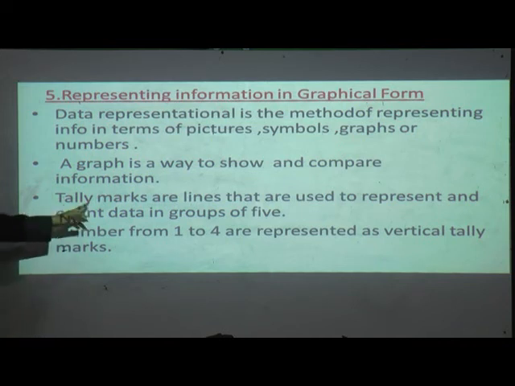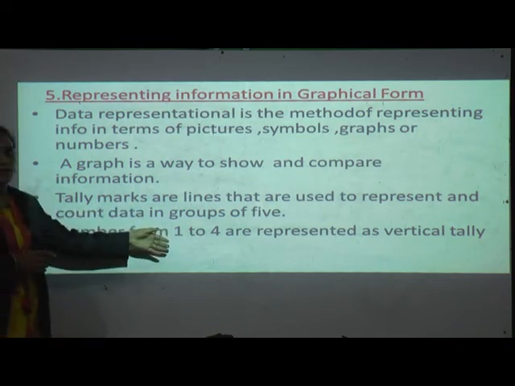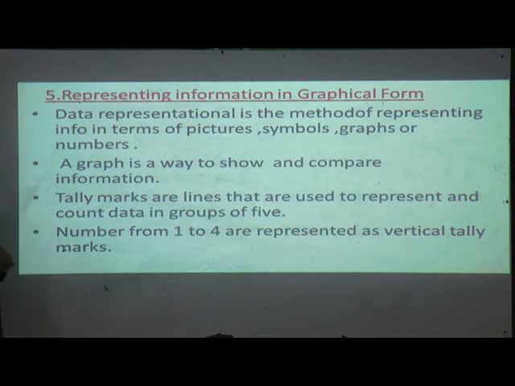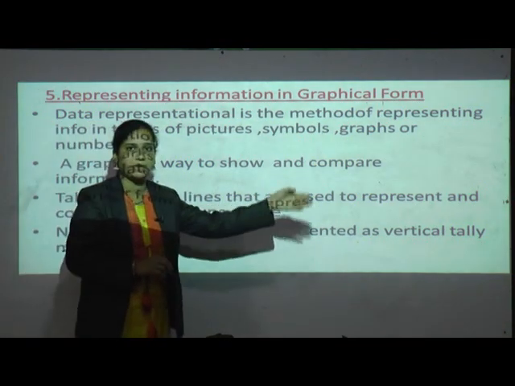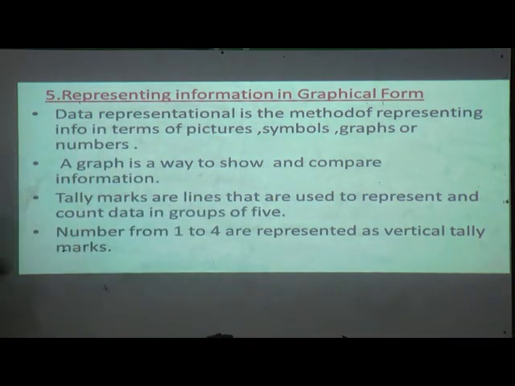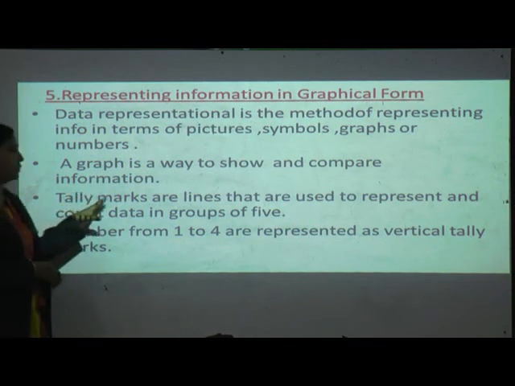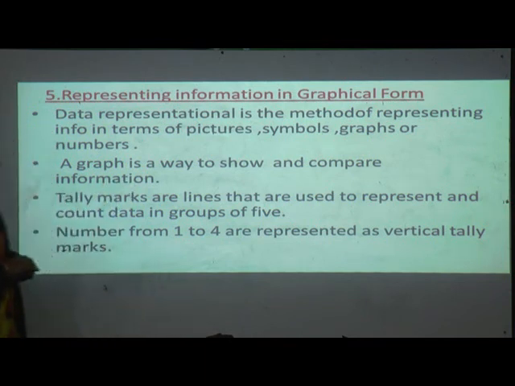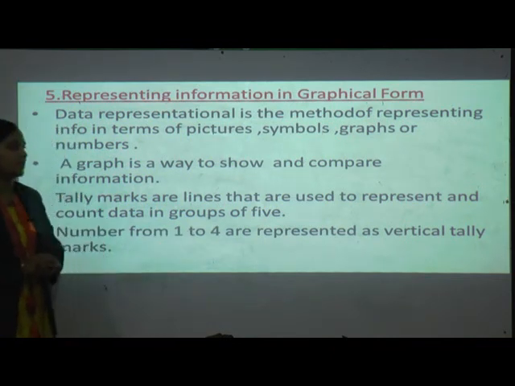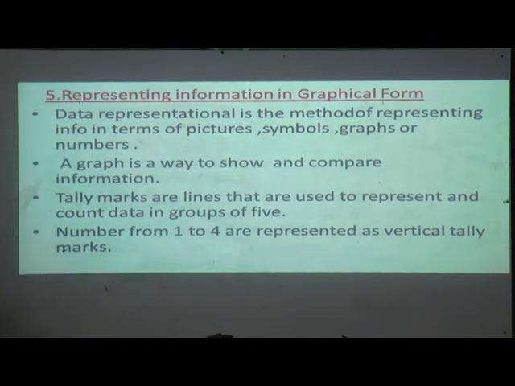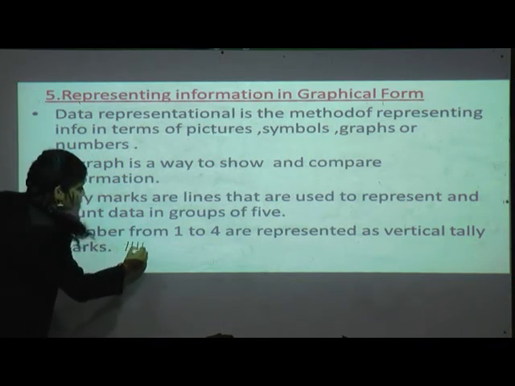Now, tally marks. Just now we saw the tally marks in that table. Tally marks are lines that are used to represent and count data in groups of 5. Numbers from 1 to 4 are represented as vertical marks like this: 1, 2, 3, 4.